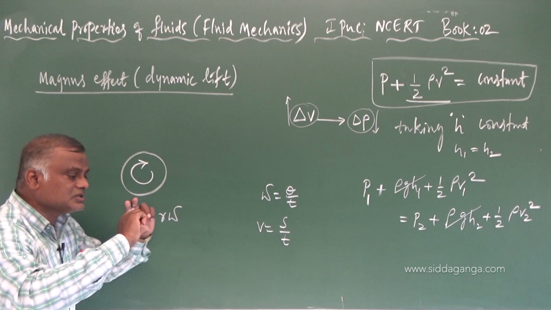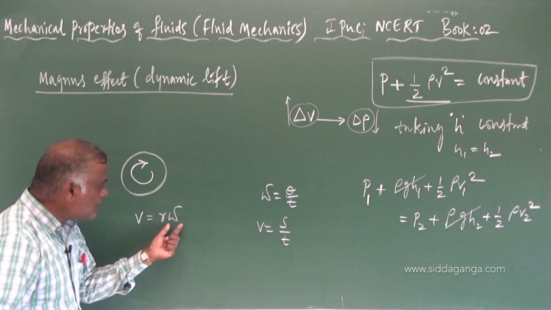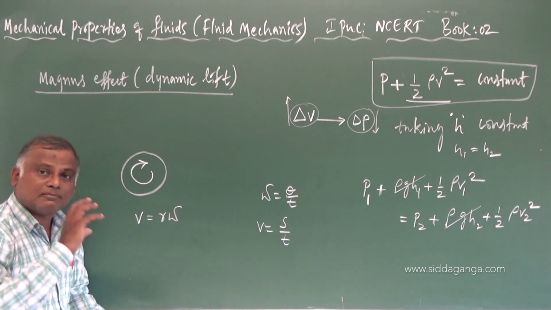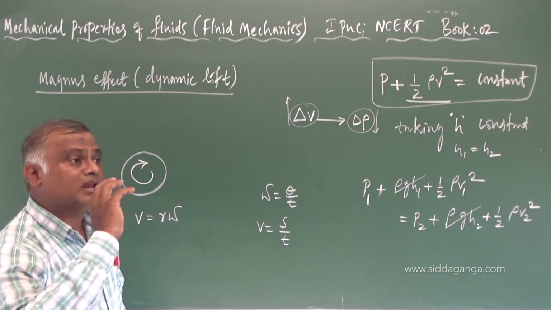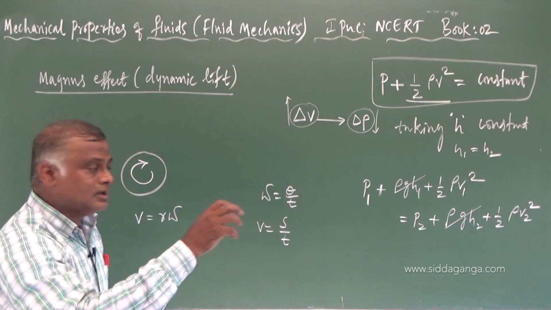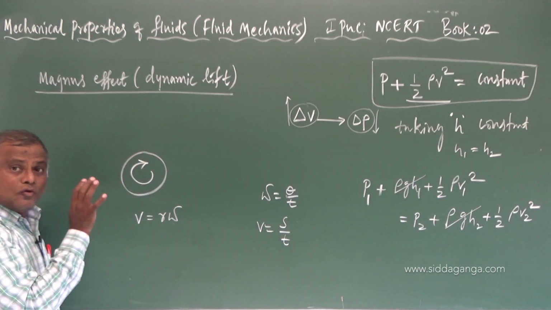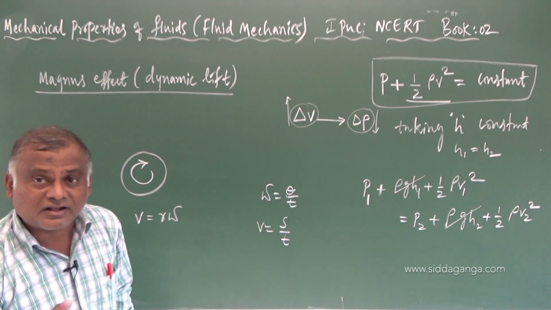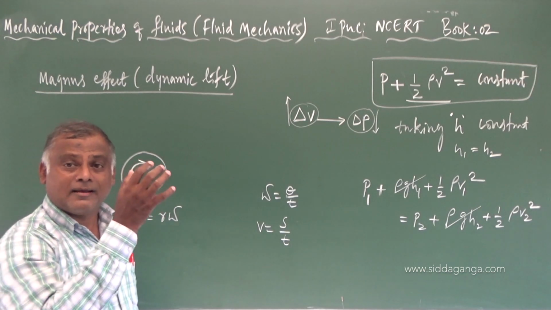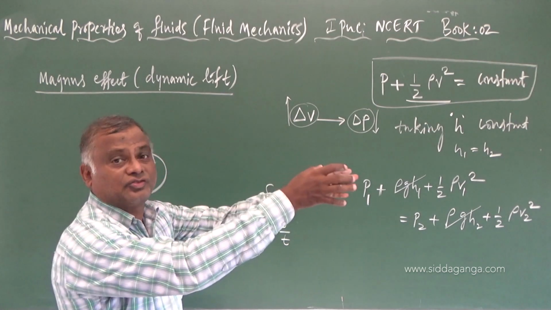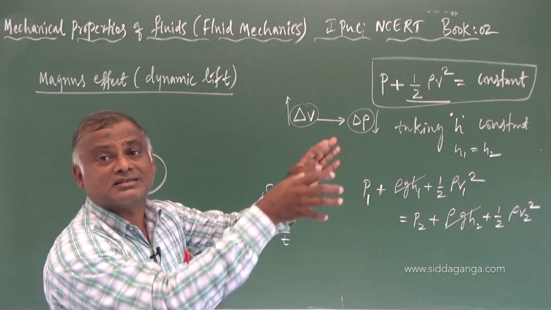The ball is rotating with an angular speed omega. So when a spin bowler bowls a ball, say it is spinning in air. Once the ball has left the hand of the bowler, it moves in a fluid, that is in air.